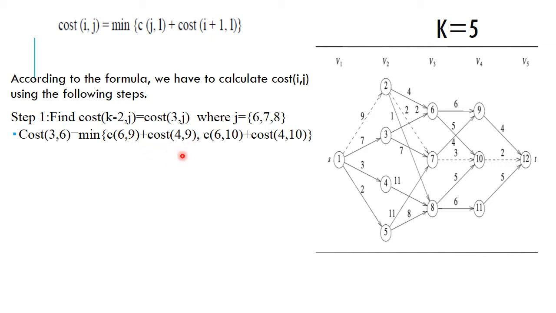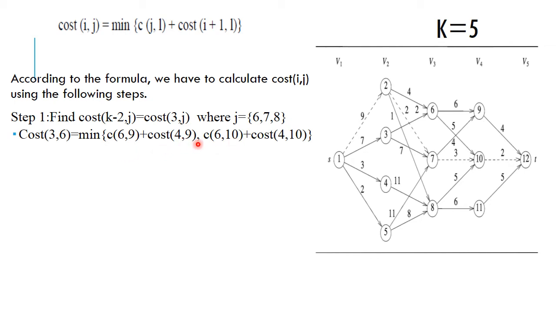So how do I get the L value? You check which nodes in the next stage are connected to 6. 6 is connected to 9 and 10 from the next stage. So C of 6, 9 plus cost of 4, 9, and C of 6, 10 plus cost of 4, 10. C of 6, 9 and C of 6, 10 are nothing but edge weights.